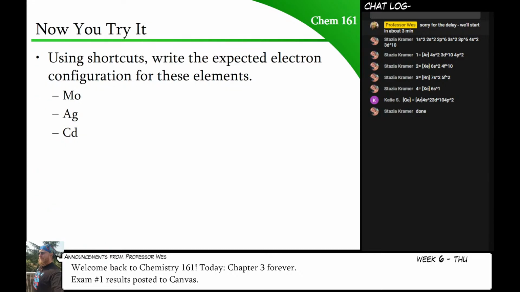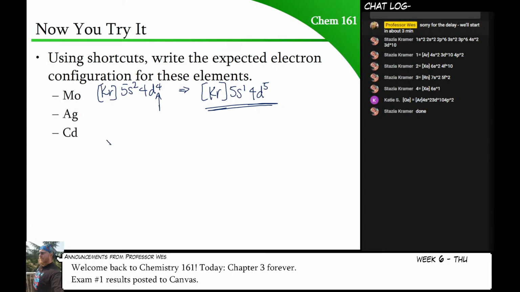So let's do these examples. We'll do these together real quick. So molybdenum, for example, its electron configuration is krypton 5s2 4d4, and what you should say is, oh, D4, I got to move an electron. And that would be the electron configuration that we observed for molybdenum.